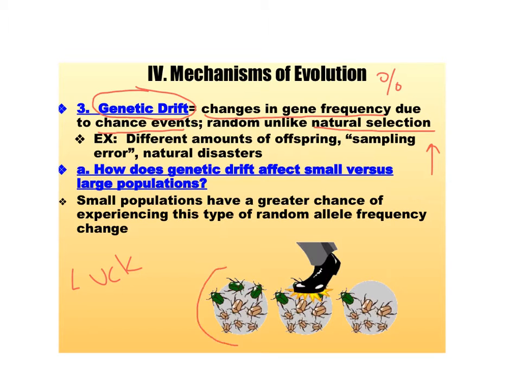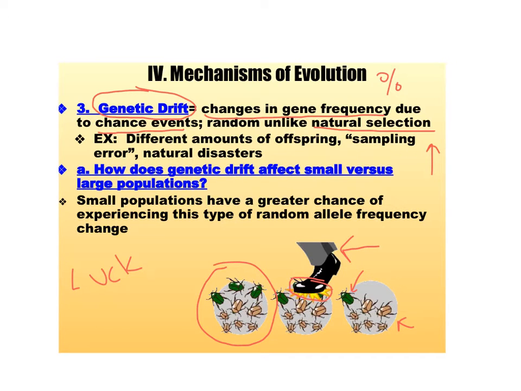So down here we have a population of beetles. We have 3 green ones and 6 tan ones. Now this guy comes walking along, and assuming that they're not in the grass, the green ones would be harder to see, but let's say there's an equal chance of all these little guys getting stepped on. He accidentally steps on 2 of the green ones. So we went from 3 green down to 1, and the tan stayed at 6.